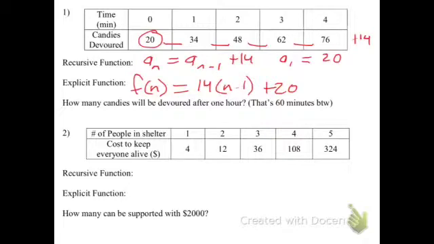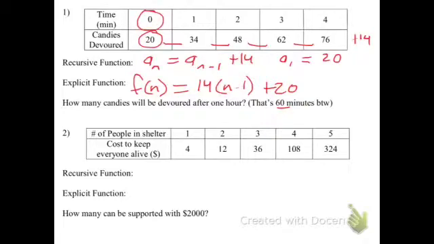Time to answer the question: how many candies will be devoured after 1 hour? Well, that's 60 minutes. So we need to figure out what the y value would be when the x value is 60. We're not just going to plug in 60 for n, because 60 minutes isn't the 60th term.